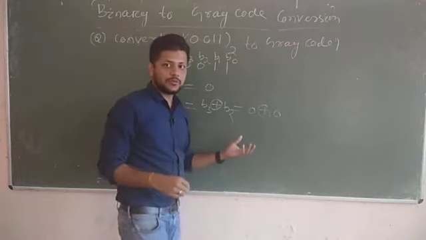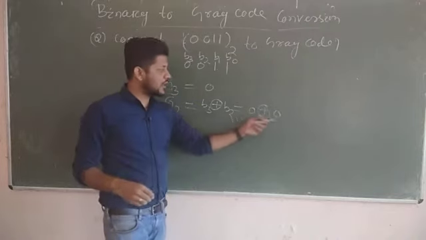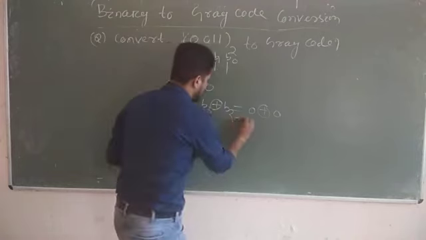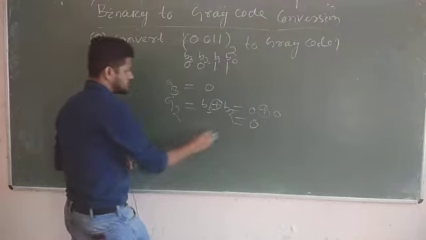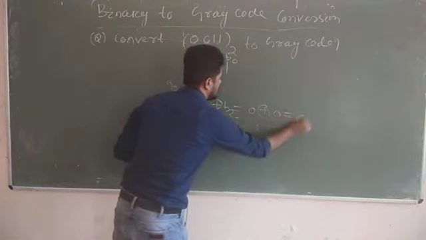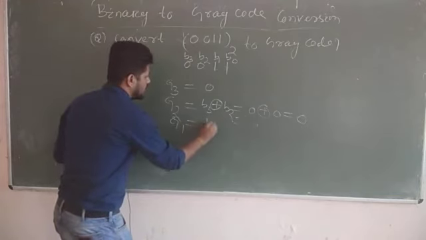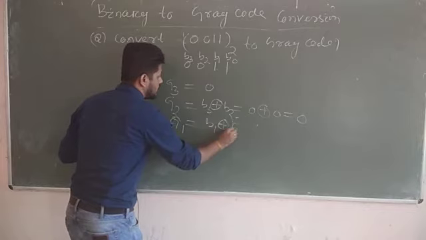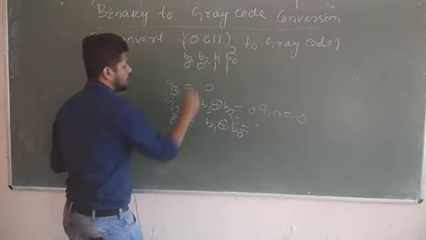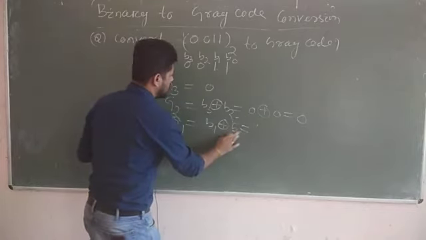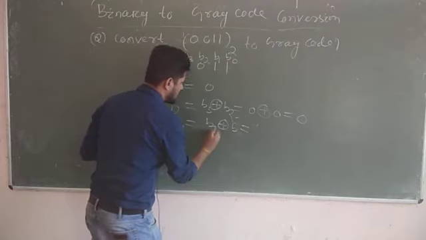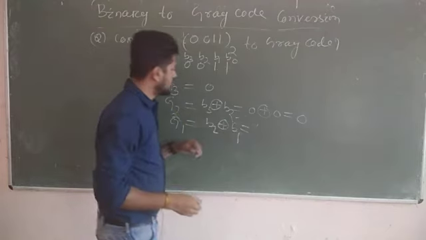I have already explained the XOR gate table. Here there is no 1 present, so the output will be 0. Then G1 is equal to B2 XOR B1.